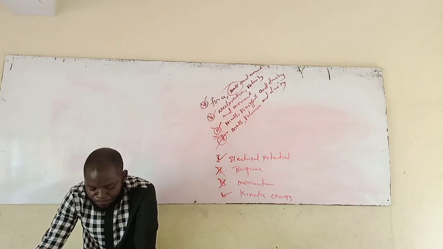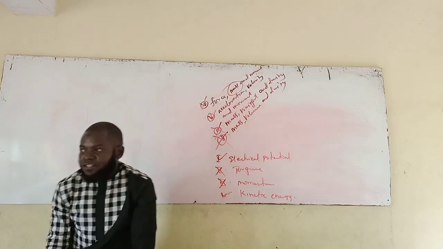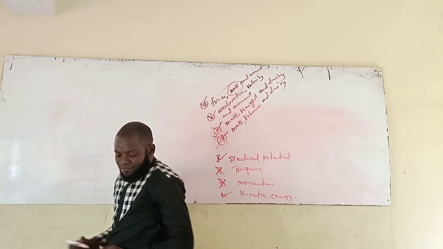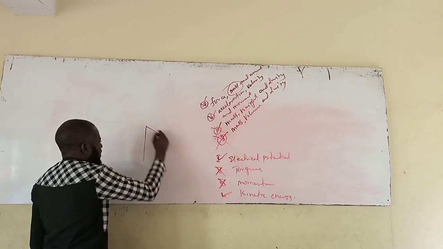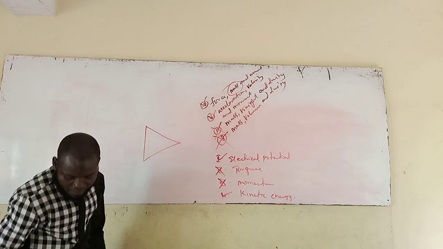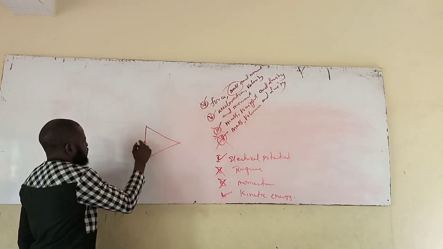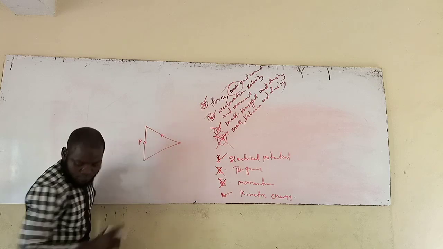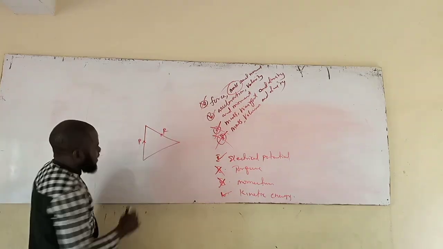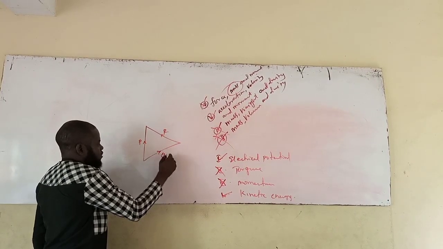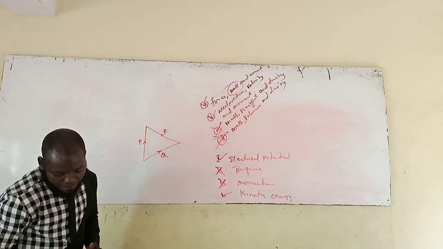1995 number 3. The question says what? We have a diagram there. And here is the diagram. So this is P. This is R. And this is Q. Are we there?